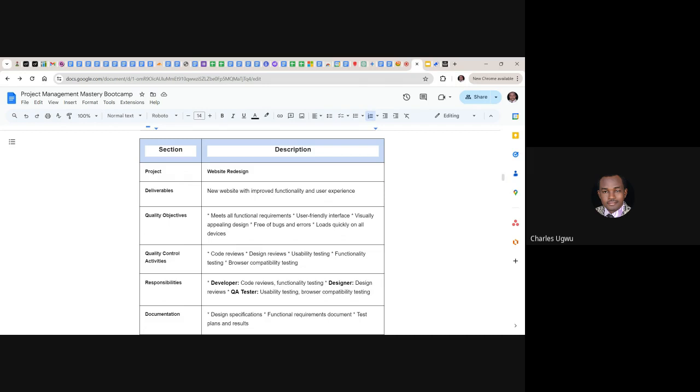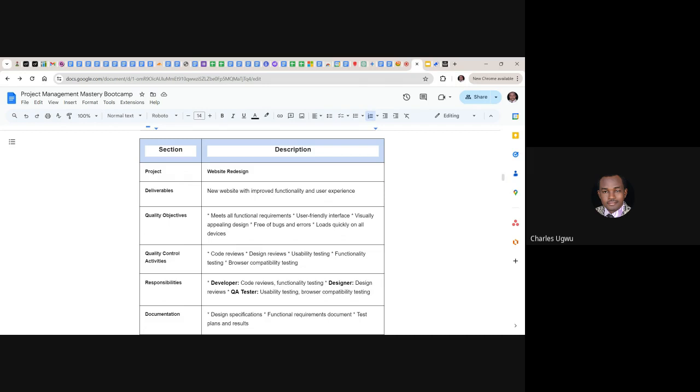Are they free from bugs? You need to test them to make sure that every code or every little feature within all these websites is free of error or free of bugs.